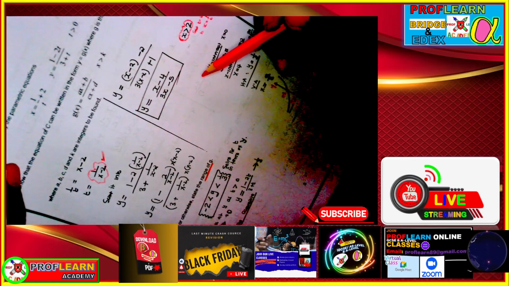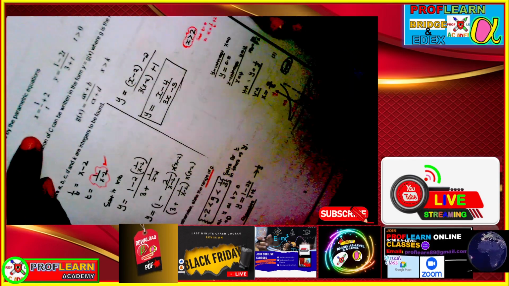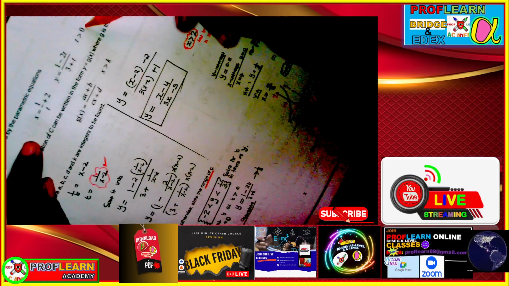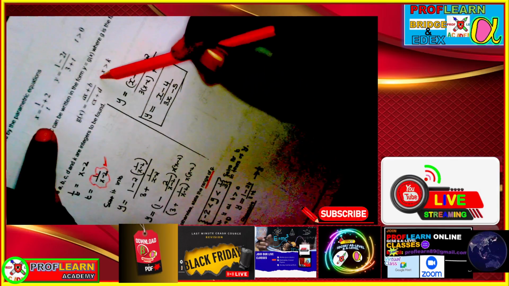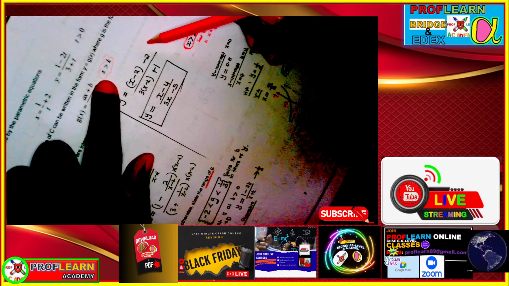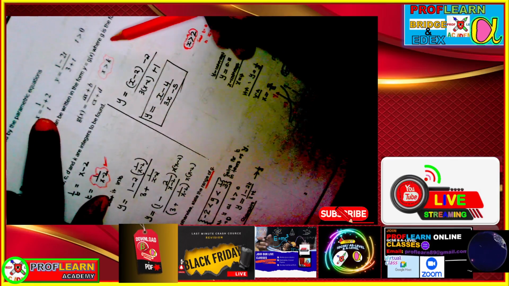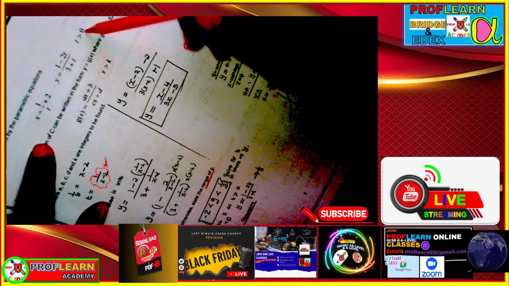In that case, you also need to state the value of k, and x greater than k is basically a domain. Since it's a domain, it's going to be substituted into the x value.